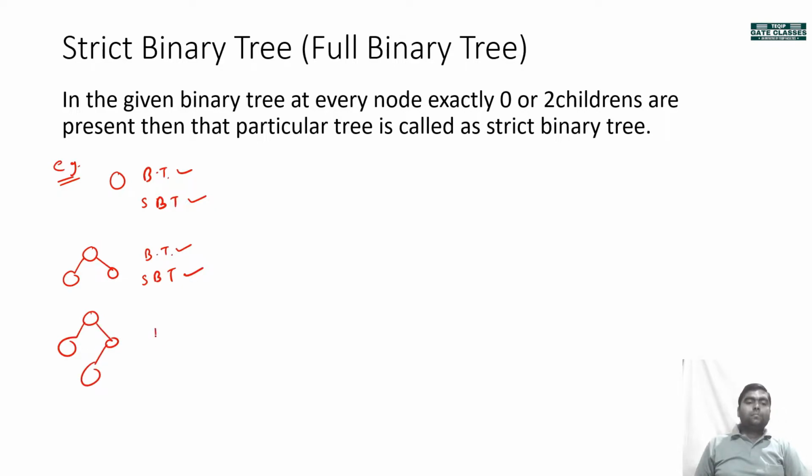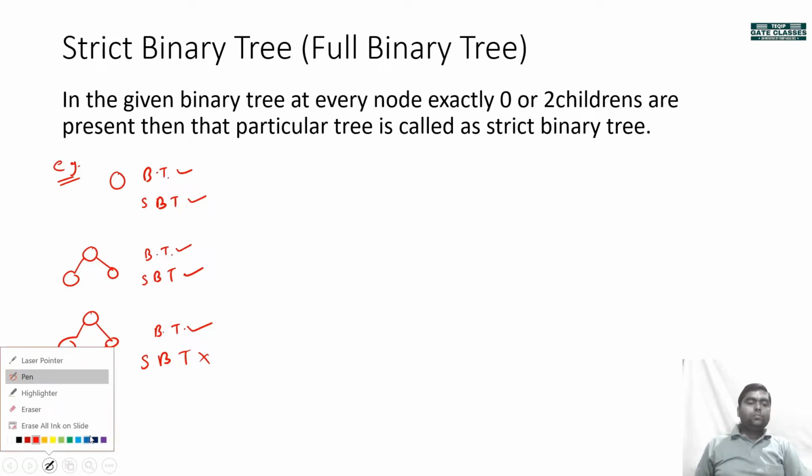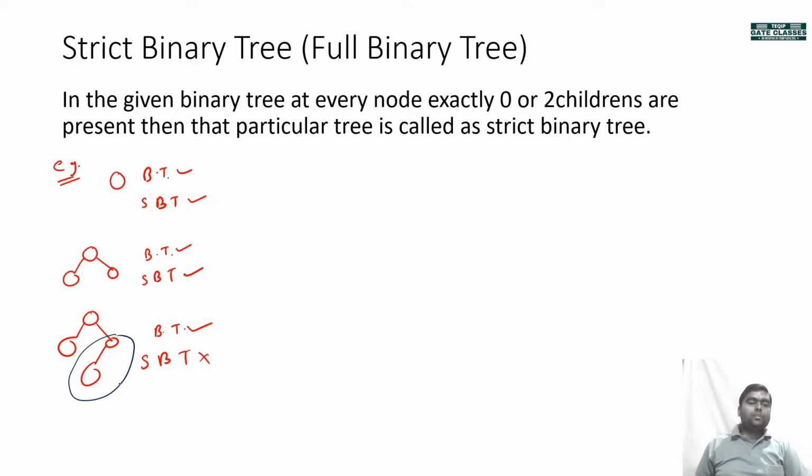This is a binary tree, but it is not a strict binary tree. It is failing at this particular node, because this node is having one child. That's why it is not possible. Either zero children or two children. So that is the case.